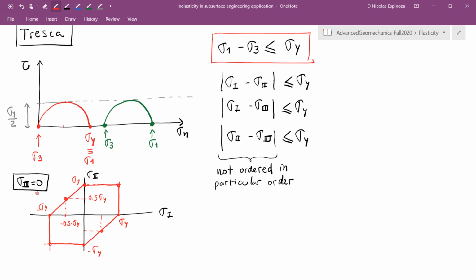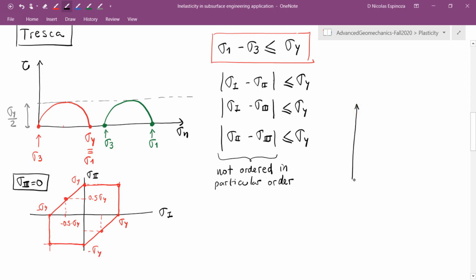So what would this look like now in 3 dimensions? It's actually easier to take a look at this in 3 dimensions than in 2 dimensions. And in this case, let's make the drawing over here.